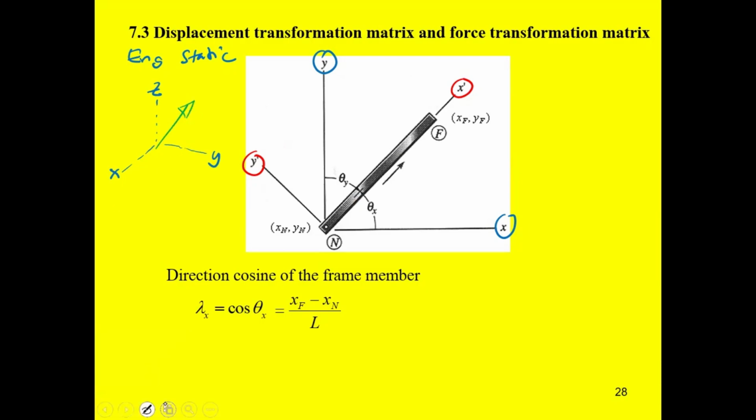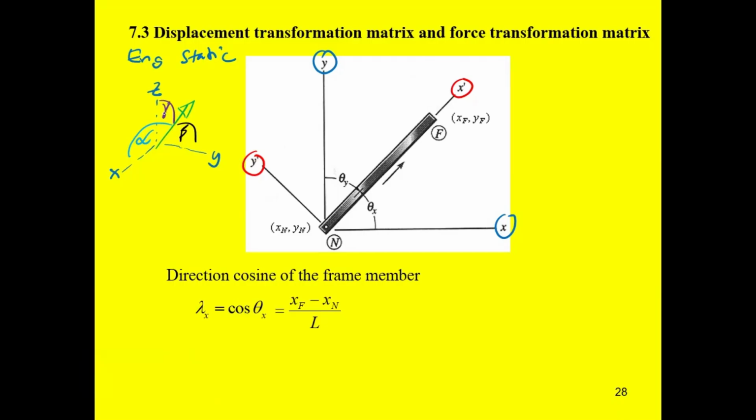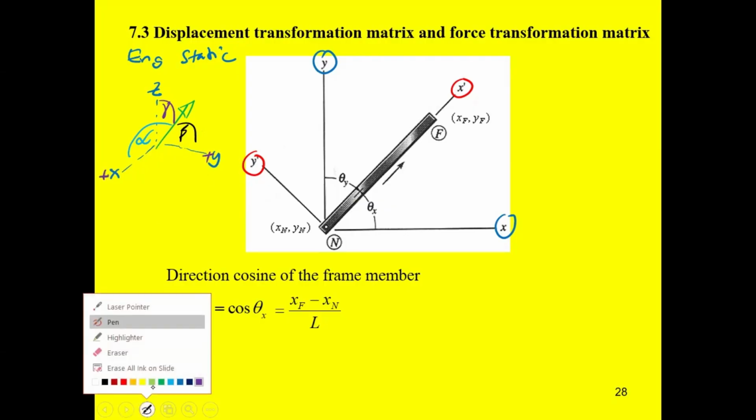In engineering statics, we define the angle here to be alpha, the angle here to be beta, and the angle here to be gamma. The problem that we discuss is in 3 dimensions. However, our problem is only in the x and y direction.